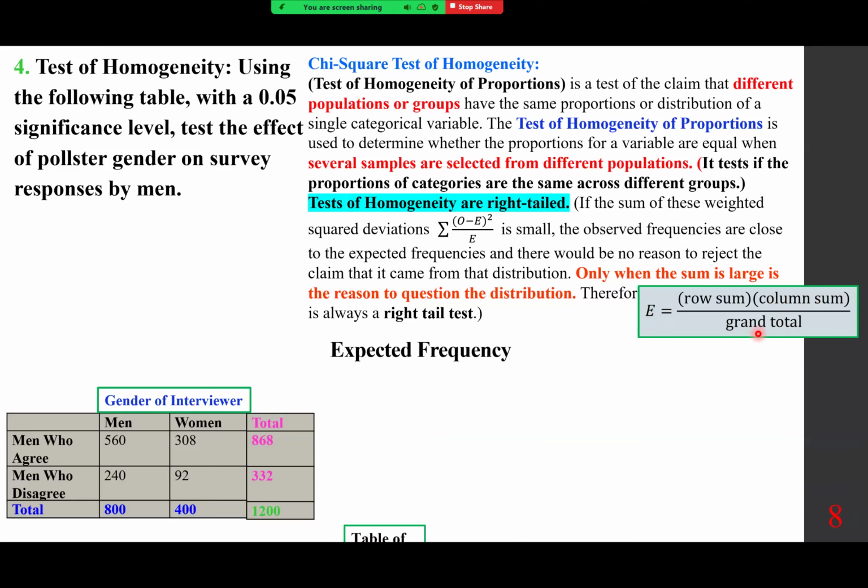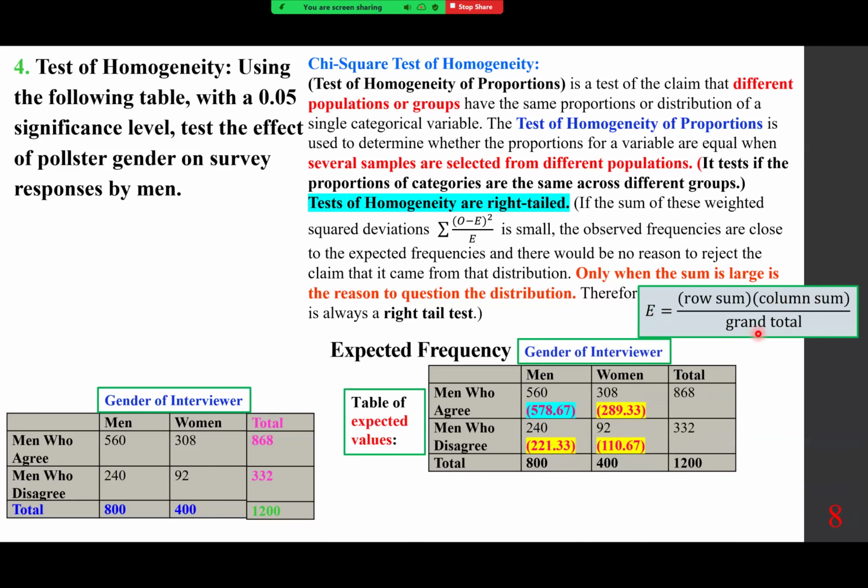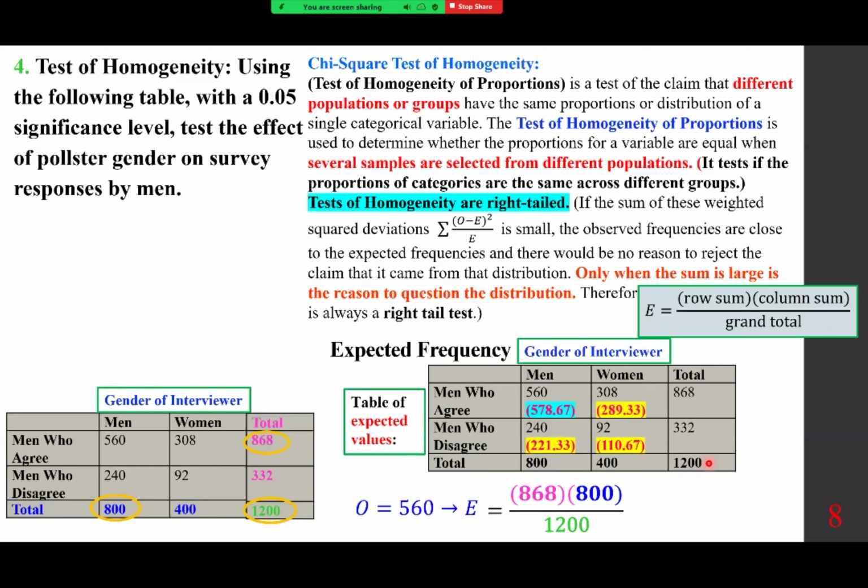For the sake of argument, if we want to look at this number, 560, the row is 868 total, the column is 800 total. Multiply these two numbers, divide by the grand total, and you get this number, 578.67.